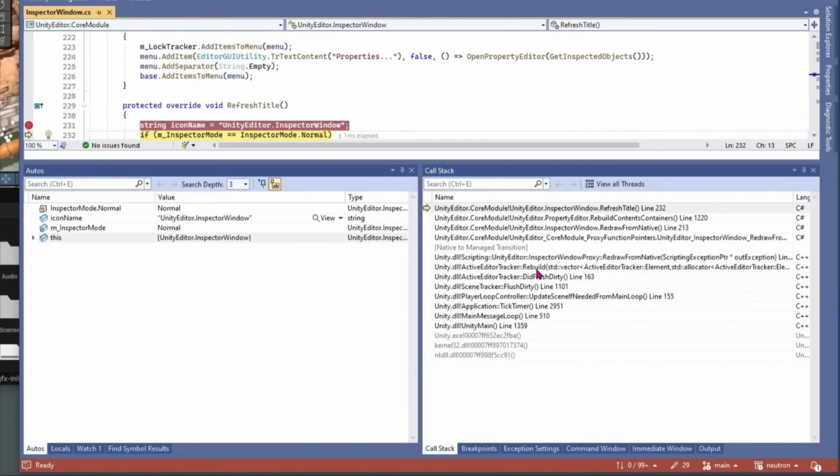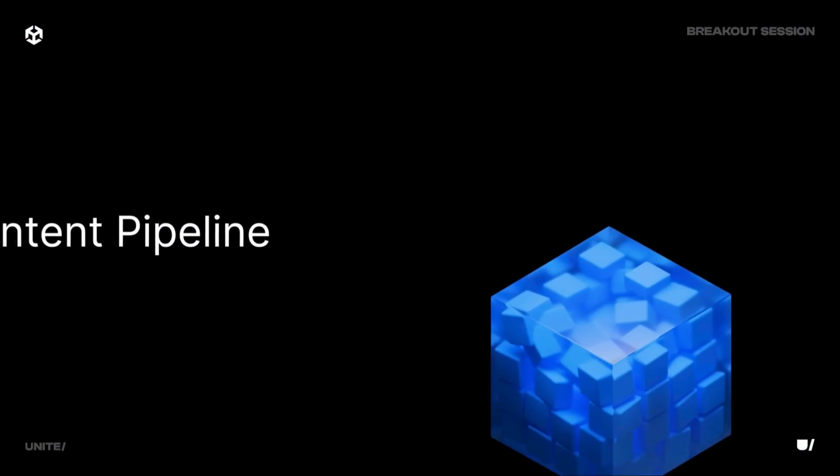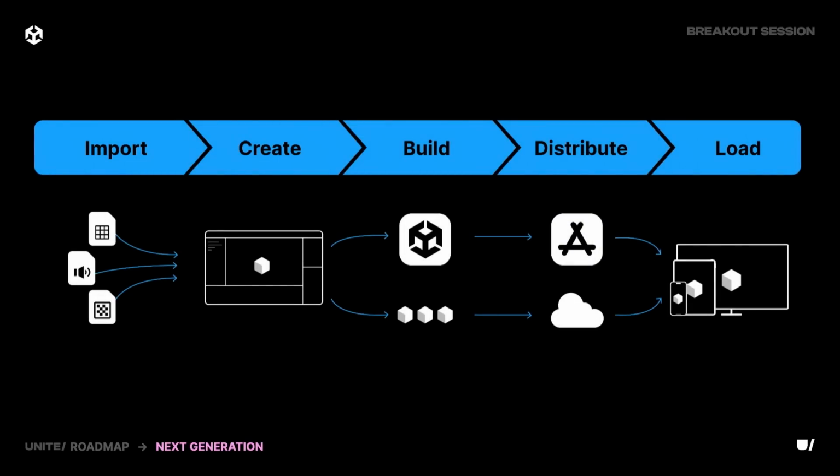So with that, let's talk about another big change we're making, this time to our content pipeline. Just as important as reducing iteration is how we work with your content. Unity's content pipeline manages the life cycle of content from import all the way through to the point it is loaded in your game on device.